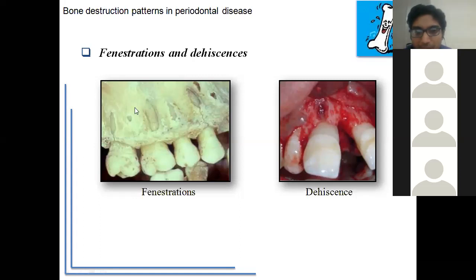In fenestration, the marginal bone is intact, and in dehiscence, there is complete destruction of the marginal bone. The second one is of dehiscence. The first picture is of fenestration, where the marginal bone is intact. So this also comes under patterns of bone destruction.